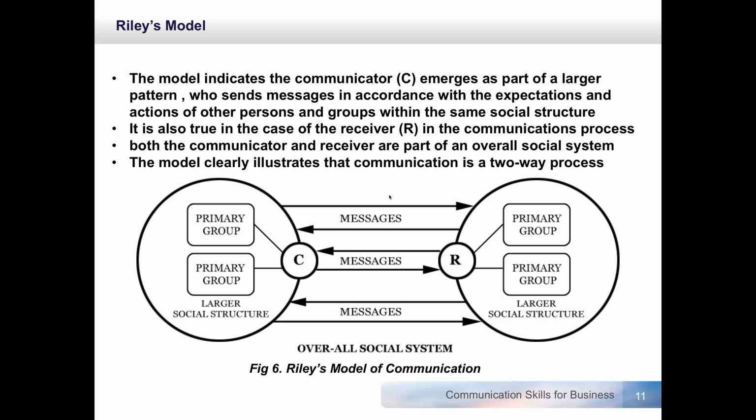A good example of this will be if you visualize yourself within a meeting room or in a classroom, and the teacher gives out a group activity and separates you into different groups and asks you to work on that. So there'll be group A and group B, and these groups will do their discussions, and when they're asked to present, a number of conversations will happen between the groups of students.